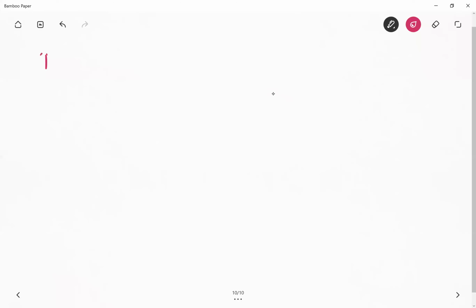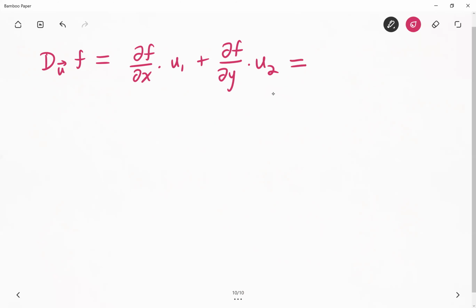And so to calculate the directional derivative of f, we just found that it was df dx times u1 plus df dy times u2. This actually looks a little bit like a dot product. Right? It's a product of two things plus a product of two things.